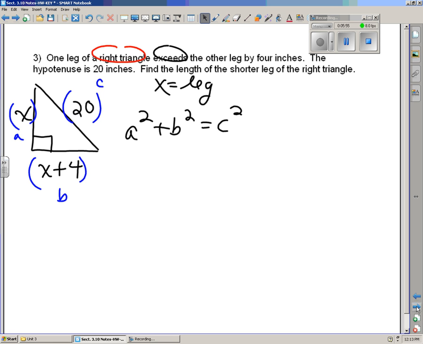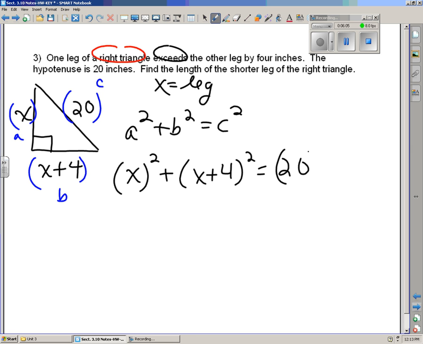So as we start doing this, we're going to say leg a squared plus leg b squared equals hypotenuse squared. You need to understand that this one leg is a binomial. And the only way to square a binomial is you're going to have to use the distributive property. You're going to have to FOIL it out.